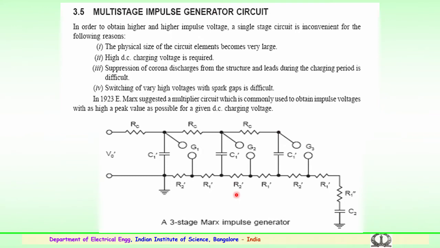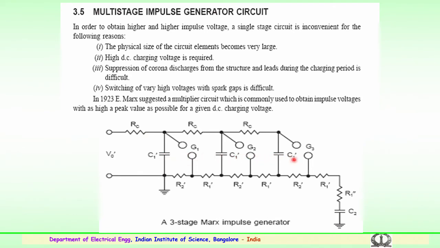So, in 1923 Marx suggested a multiplier circuit, which is commonly used to obtain impulse voltages with a very high peak value for a given DC charging voltage. Here you see the charging resistors, a spark gap for each stage, and the capacitances of the generator stages. The DC voltage is applied and all the capacitors are charged in parallel.